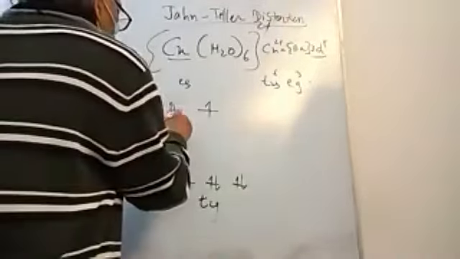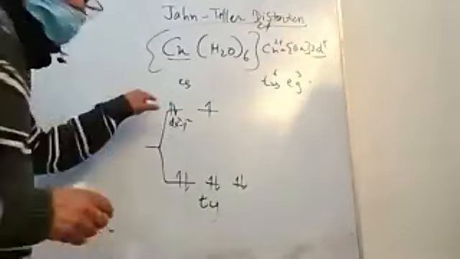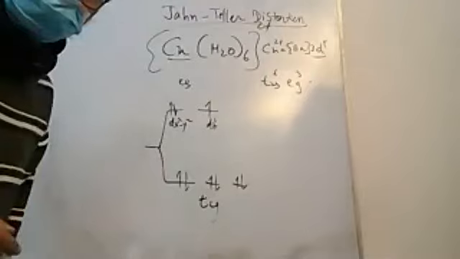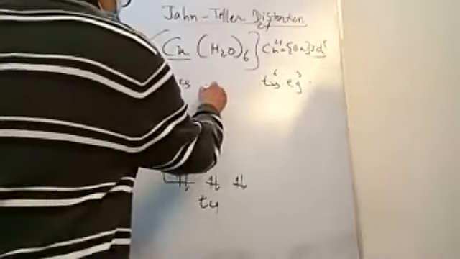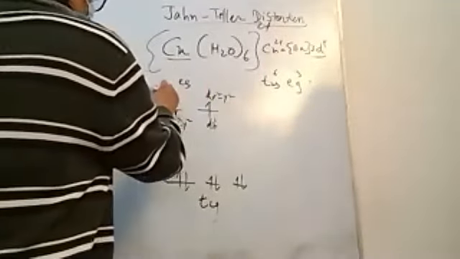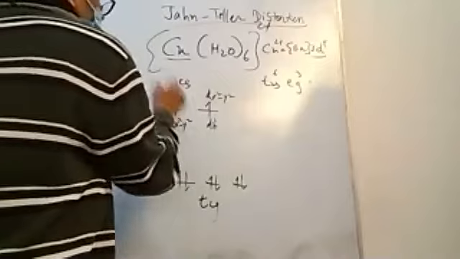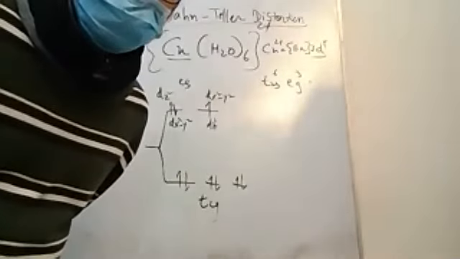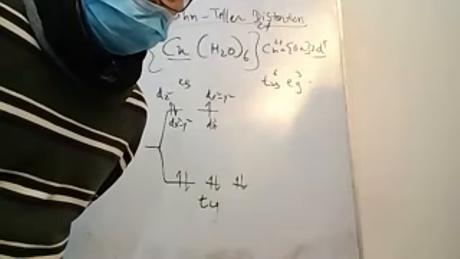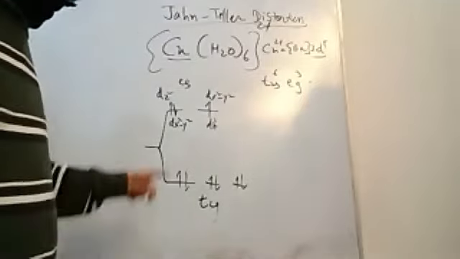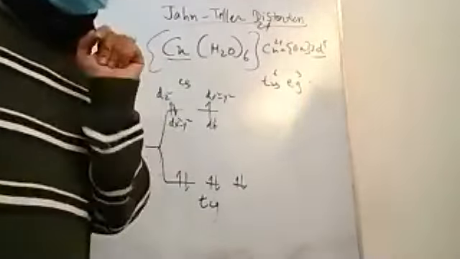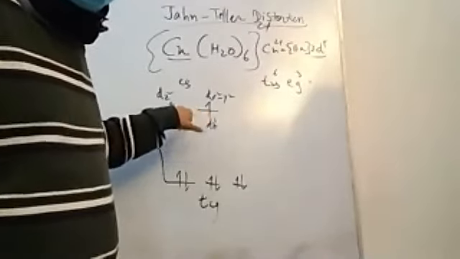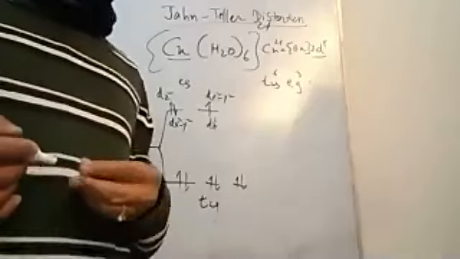You can have the dx squared minus y squared having a pair of electrons and the dz squared orbital having one electron, or you can have dx squared minus y squared having a single electron and dz squared having a pair of electrons. That changes the game. In other words, you have a choice of placing the single electron either in dz squared or dx squared minus y squared.